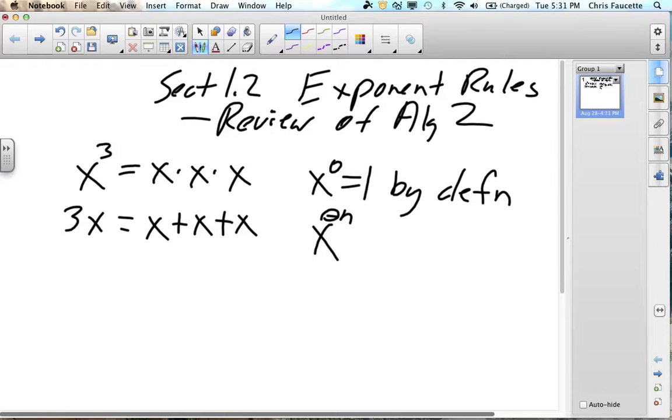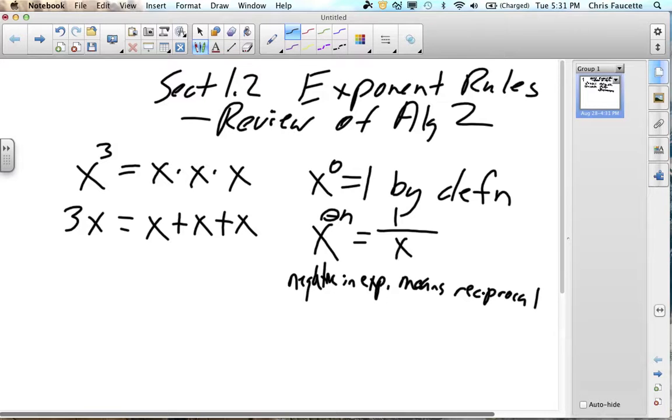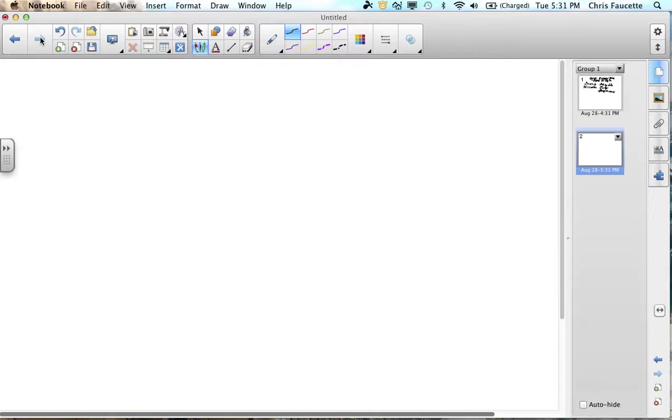Negative in exponent means reciprocal. You flip it. So that's the same as 1 over x to the n. Okay, take a look at some basic laws.